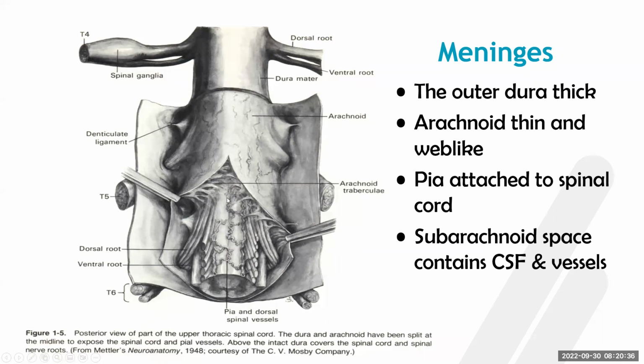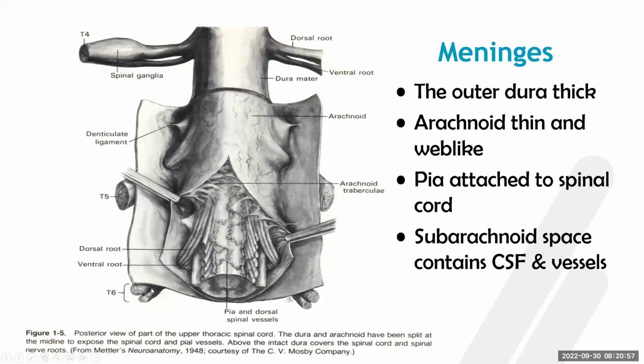The subarachnoid space, this one which is open, contains cerebrospinal fluid together with the blood vessels, as you can see, and also the roots of the spinal nerves. So you can see the roots of the spinal nerves in the subarachnoid space, and they exit by piercing the arachnoid and dura.